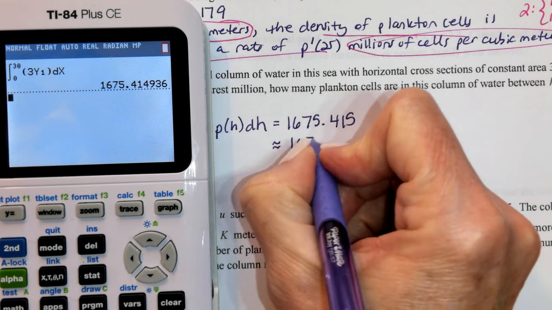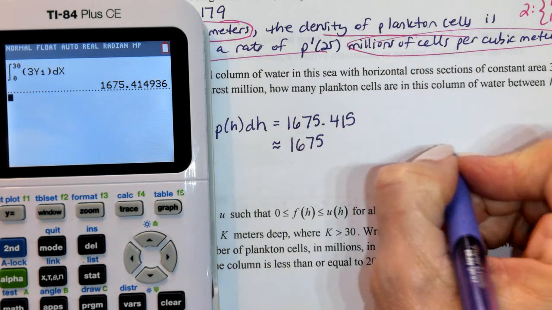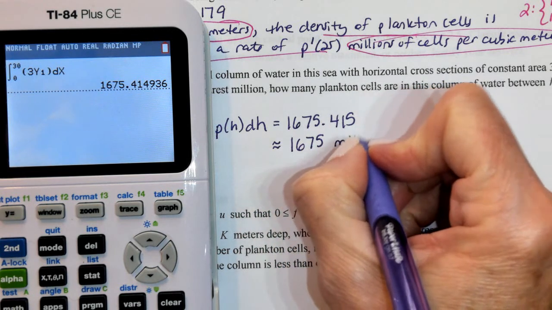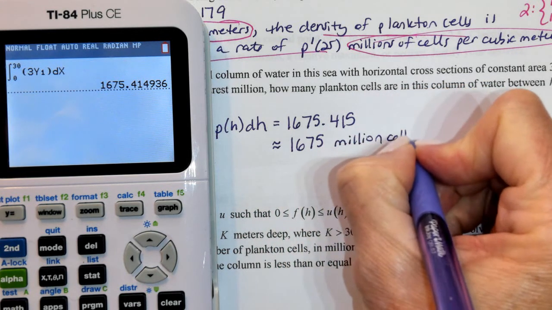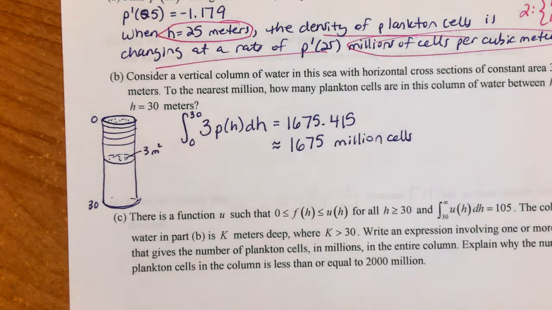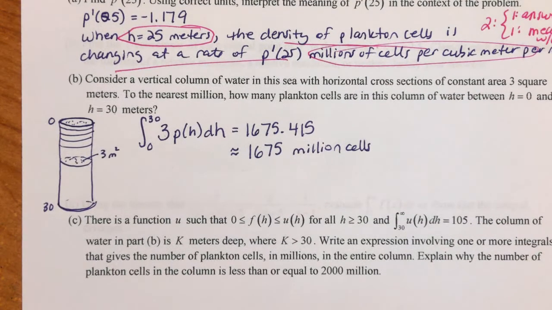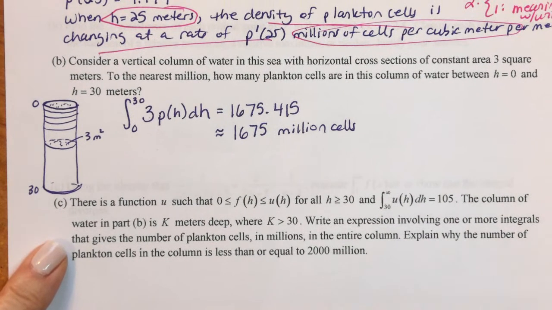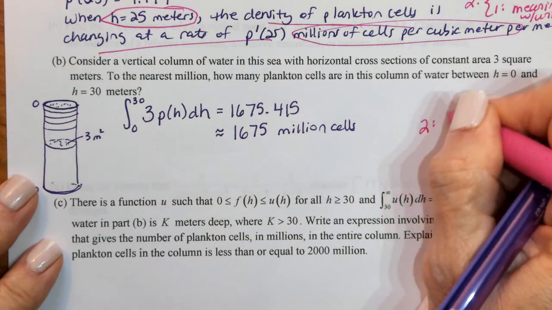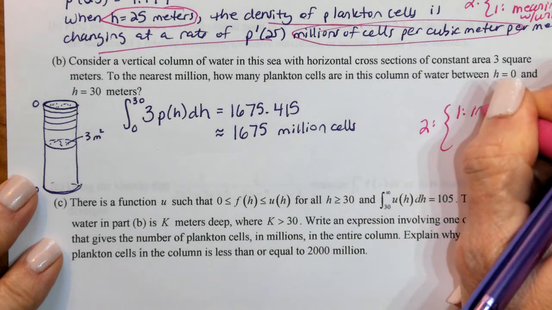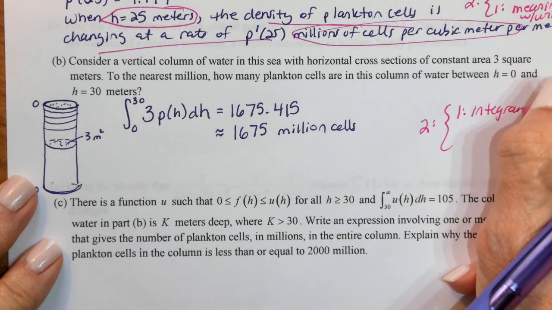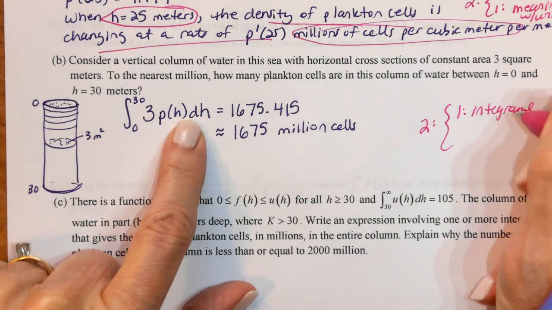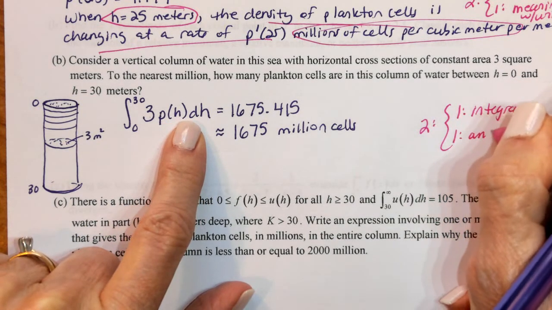To the nearest million, I'm going to round that to 1.675 million cells. Okay. This was worth 2 points. 1 point for the integrand. 1 point for the answer.